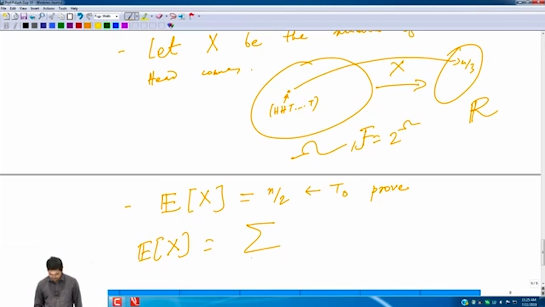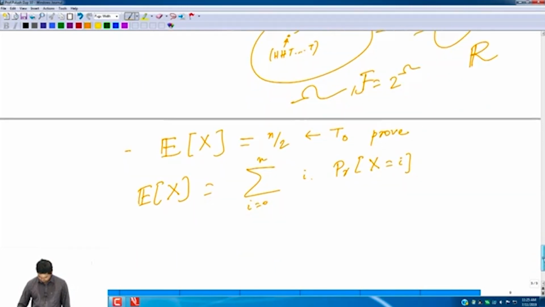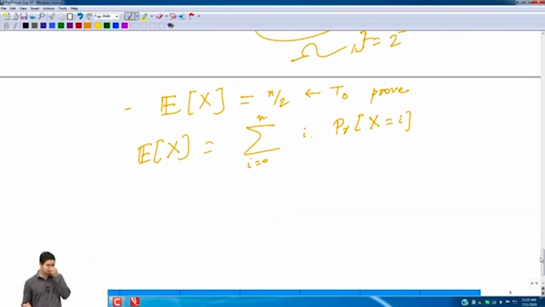The points in the image are from i equal to 0 to n, because others are not in the image, and it is i times the probability that x takes value i. It's finite, not even countably infinite, so you don't need to worry about convergence and those sorts of things. This is how it is defined.